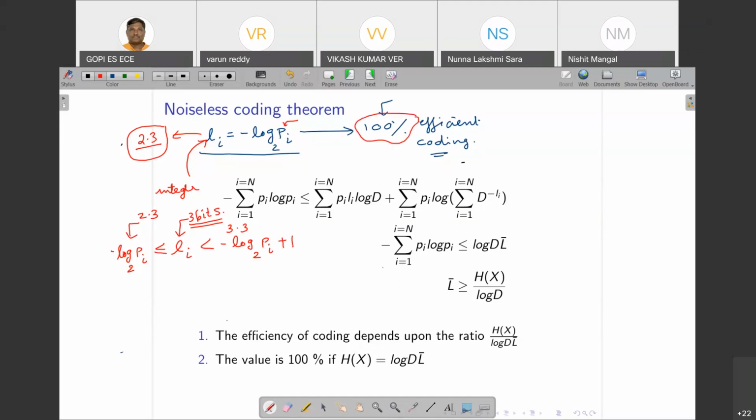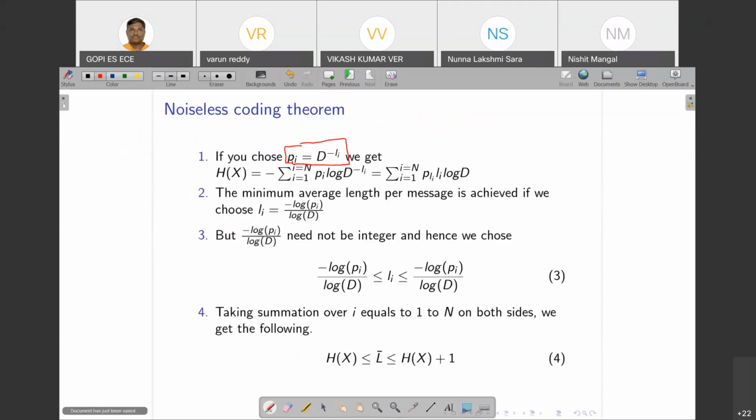If the probability is D power minus Li, in other words, if Li is chosen as minus log pi, this is a more general statement. In the previous slide, I said Li is equal to minus log pi, but now I'm telling you it is more general: minus log pi divided by log D. In the previous slide, I used D as 2, and log base 2 of 2 is becoming 1, and hence we got the expression Li equal to minus log pi.